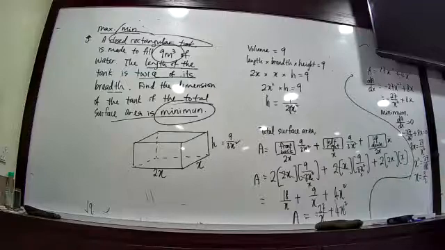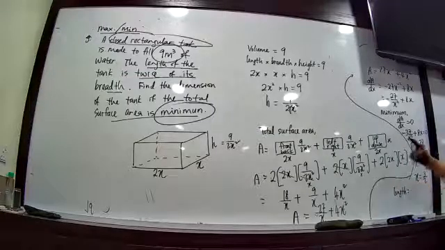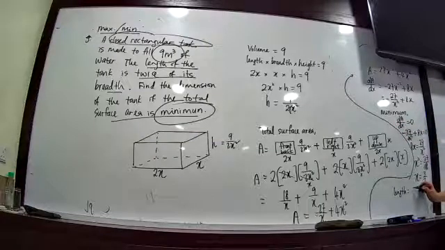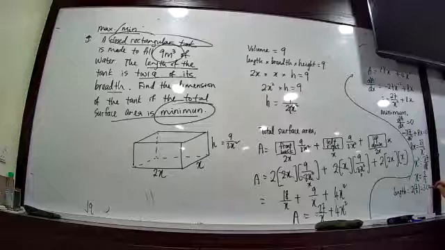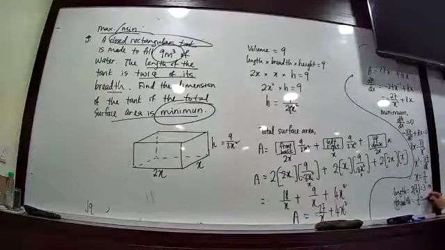Because I want to find the dimension, your length, since it's 2x, so 2 times 3 over 2 becomes 3. They show you it's meters, so 3 meters. And then your breadth, it's x, so x becomes 3 over 2 meters.